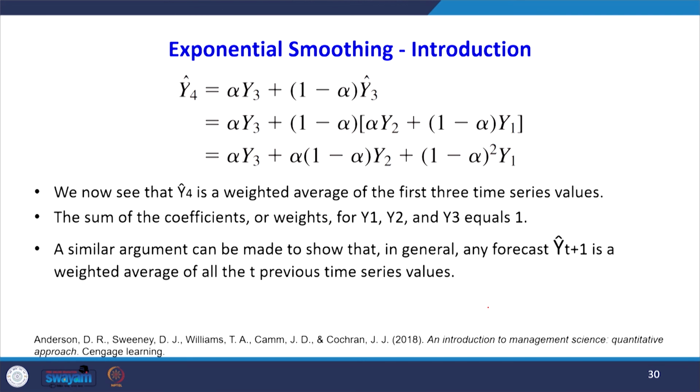We now see that y4 hat is the weighted average of the first 3 time series values, with weights alpha, alpha into 1 minus alpha, and 1 minus alpha whole square. The sum of these coefficients, the weights of y3, y2 and y1, is equal to 1.